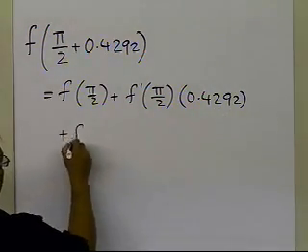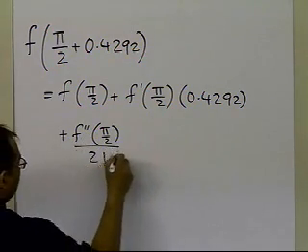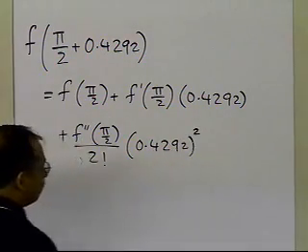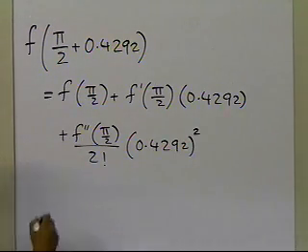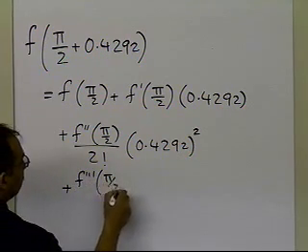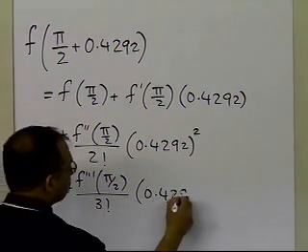Then plus the second derivative of the function at pi by 2 divided by factorial 2 times h square, which will be 0.4292 square, plus the third derivative at pi by 2 divided by factorial 3 times h cube.